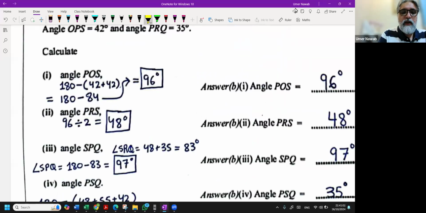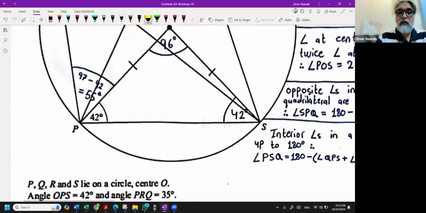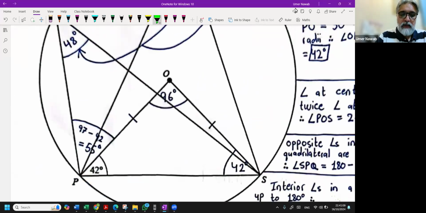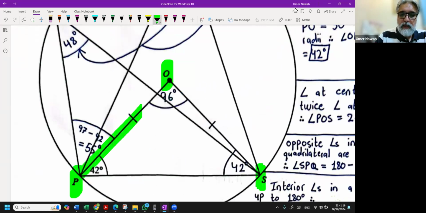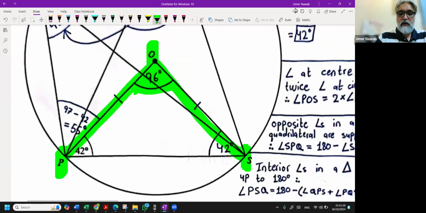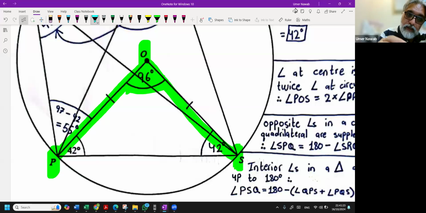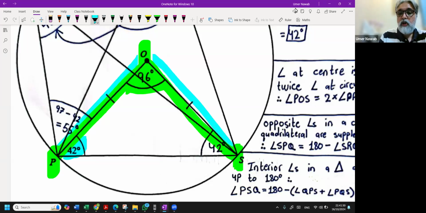The first question he asks you: find the angle POS. Where is POS? This is P, this is O, and this is S. The guy is asking you angle POS, so this is the angle required. Now, since he has provided this angle 45, and we remember that this is an isosceles triangle, the opposite angles are equal, so this is also 45.